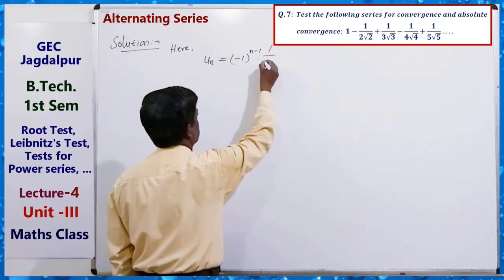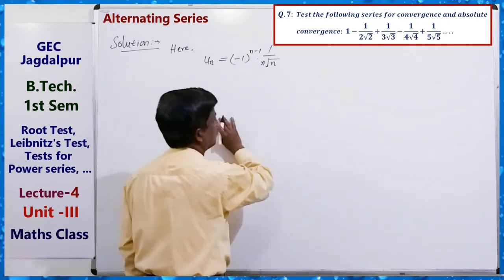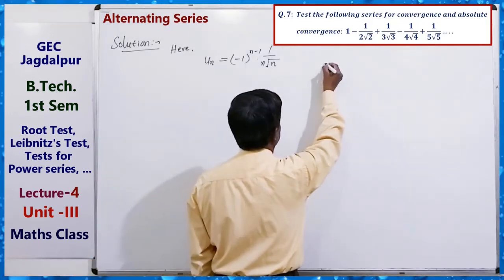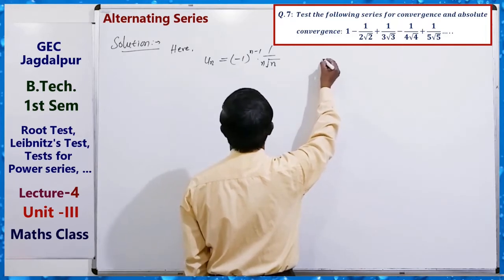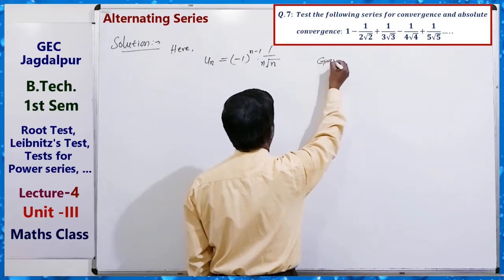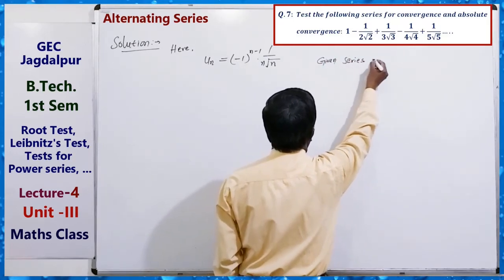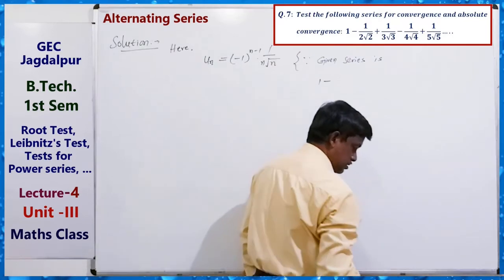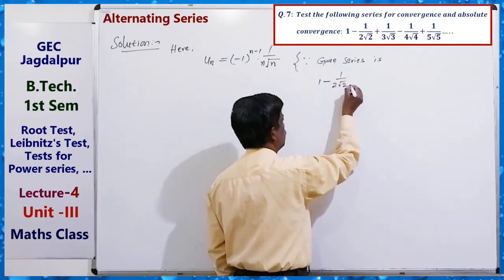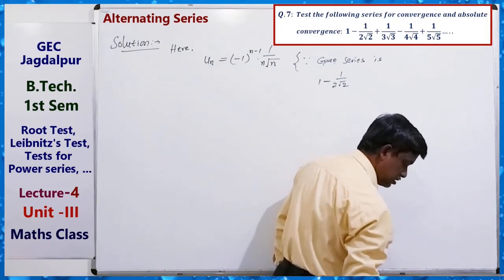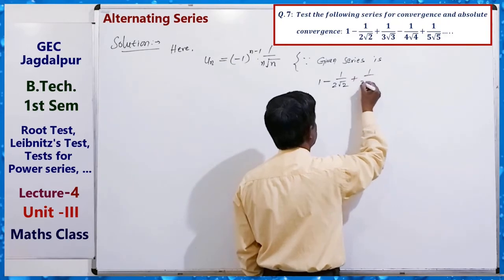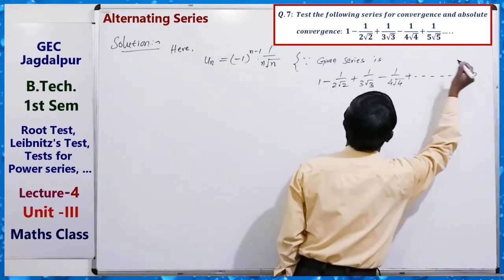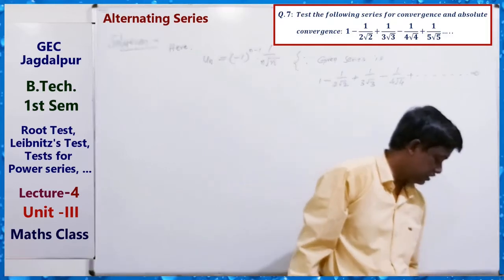The given series is 1 minus 1 upon 2 root 2 plus 1 upon 3 root 3 minus 1 upon 4 root 4. This is the given series.